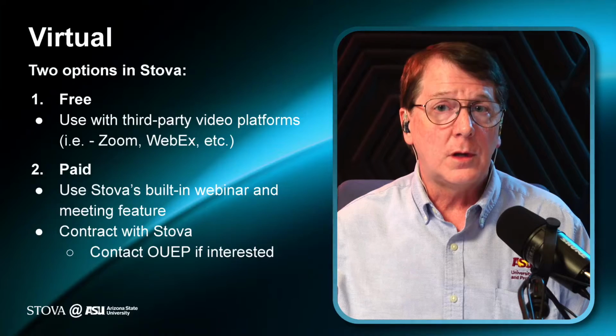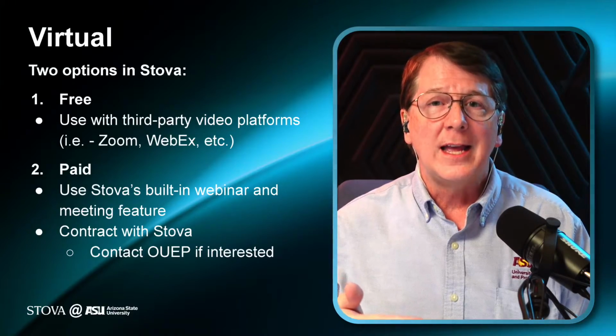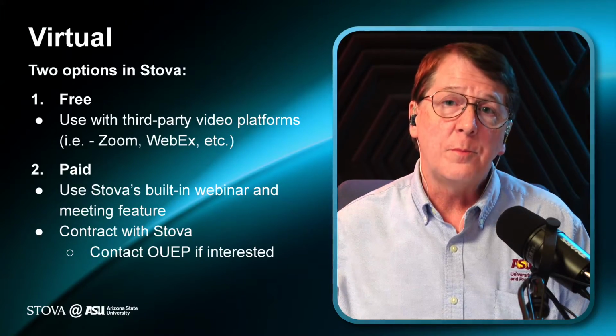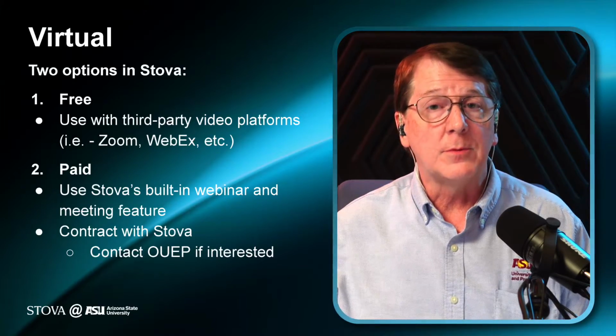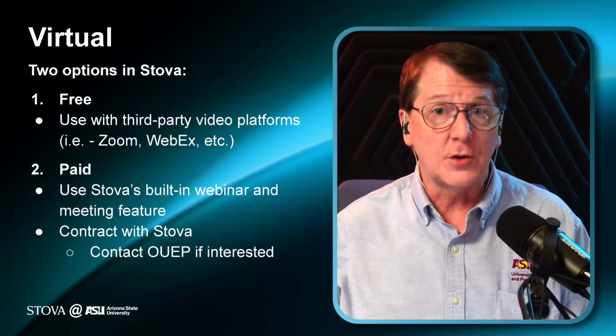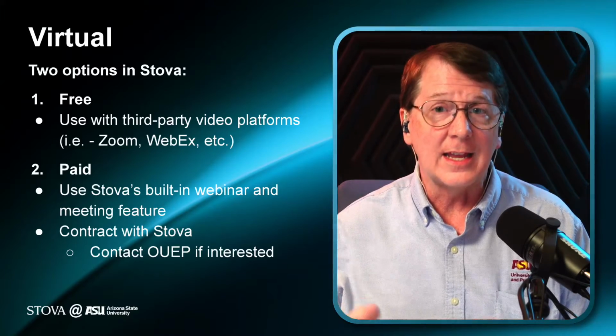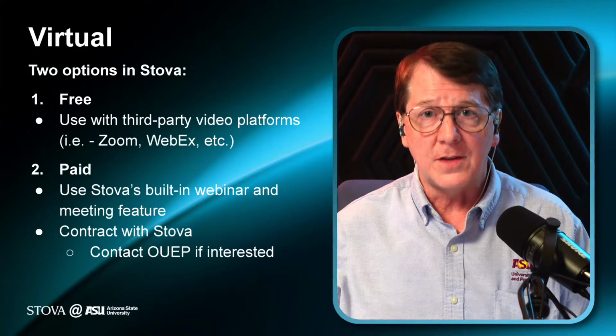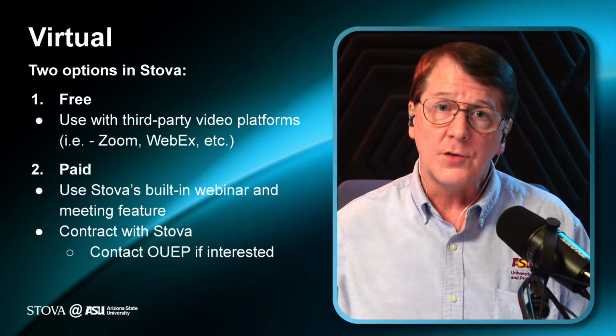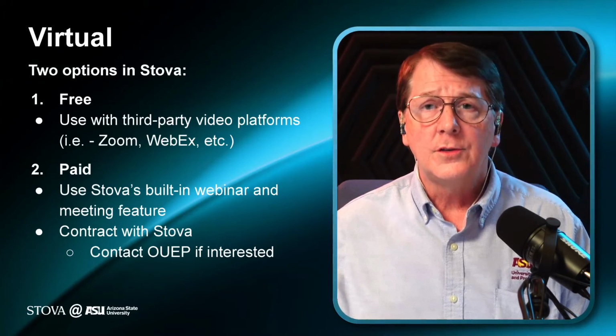But Stova also offers enhanced features such as built-in webinars and built-in meetings. So if you'd like people to go into Stova and not have to go to a third party, stay in-house if you would, you can get those features if you make a contract with Stova.